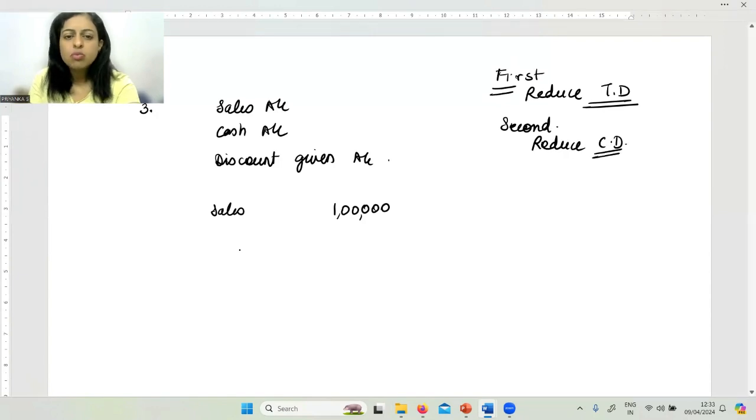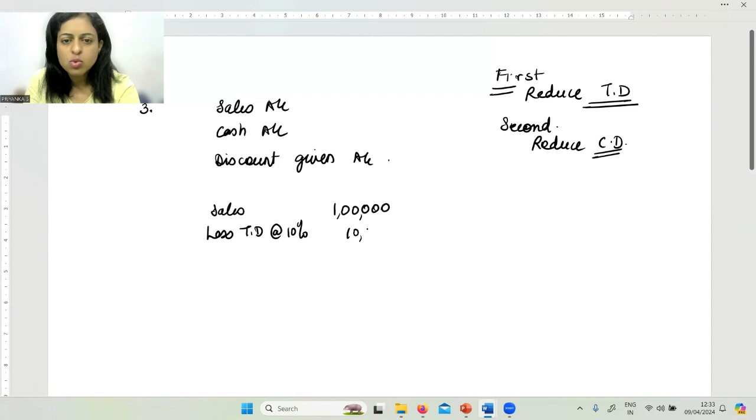Got it? So sales 1 lakh, correct? In this, I'm going to reduce the trade discount at the rate of 10%. This will be 10,000. So 90,000 remains. This will be the amount recoverable from Mubina.